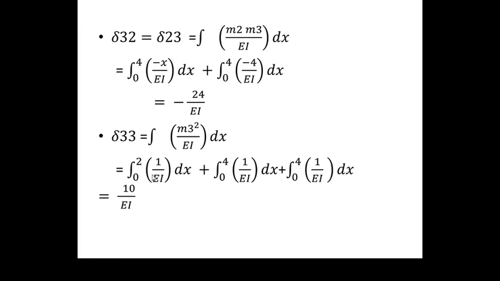This is for span DC, this is for span BC, this is for span AB. Integration between 0 to 2, 0 to 4, 0 to 4, we are getting 10 by EI. How do we integrate 1 by EI? 1 by EI means x by 2, where x value is 2 here, x value is 4 here, x value is 4 here. We can get that value, 10 by EI.